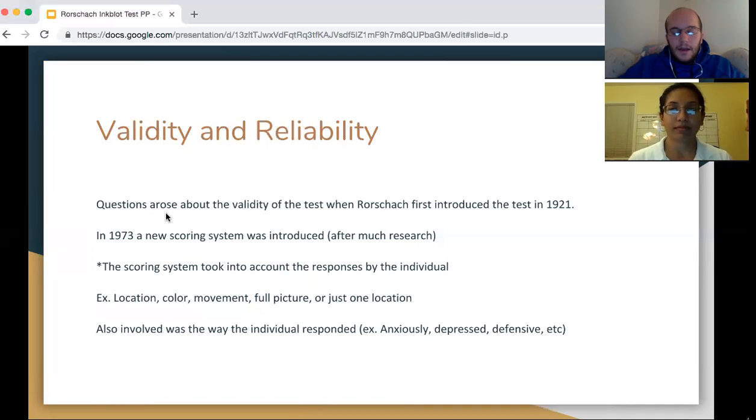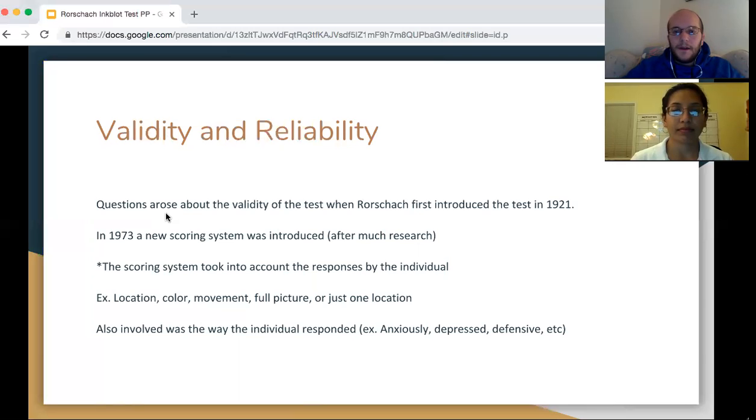And then part of the scoring of the test, what the psychologist would look for would be the location of the Inkblot, of where the client had made known what the Inkblot was, if he focused on a certain color or not, if he saw movement in the Inkblot, or if he encapsulated the full picture in his response, or just one place.